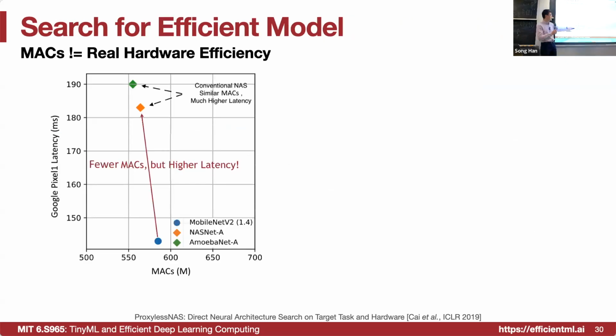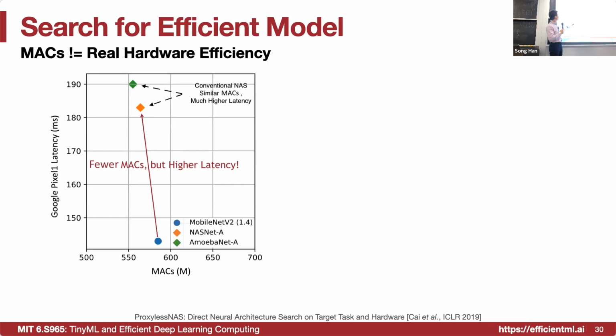All right, so this is an example showing where MACs or FLOPs are not a good representation for the latency. For example, there are three models. This one is MobileNet V2, this one is NASNet, and this is MobileNet. These two models, NASNet and MobileNet, both have a smaller number of MACs compared with MobileNet V2.